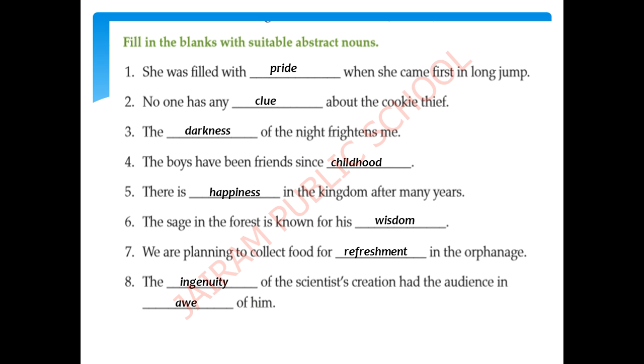There is happiness in the kingdom after many years. The sage in the forest is known for his wisdom. We are planning to collect food for refreshment in the orphanage. The ingenuity of the scientist's creation had the audience in awe of him.